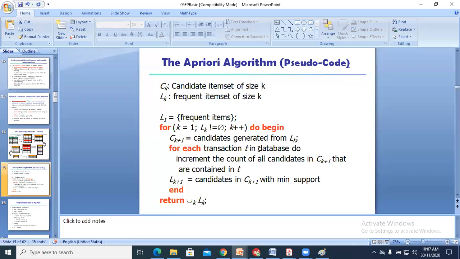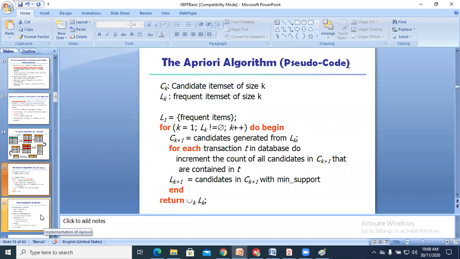For each transaction T in the database, increment the count of all candidates in CK plus 1 that are contained in T, and then we have LK plus 1 candidates from CK plus 1 with minimum support. Then we terminate the loop and return LK. So this is the pseudocode of the apriori algorithm.